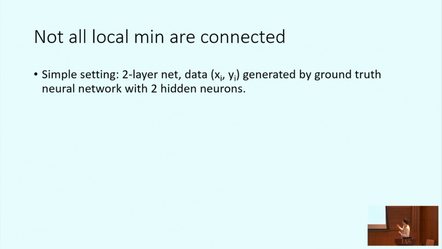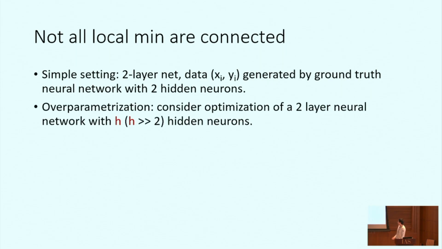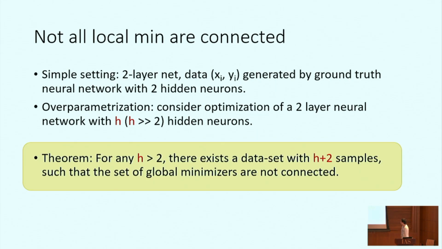Even for this simple example, we consider optimization of a two-layer neural network with many more hidden neurons, h hidden neurons, where h can be any number, much, much larger than 2. In this case, there always exists a data set that only has h plus 2 samples, such that the set of global minimizers is not connected.